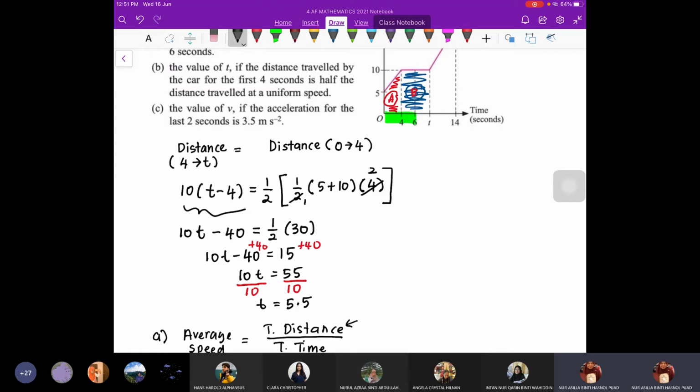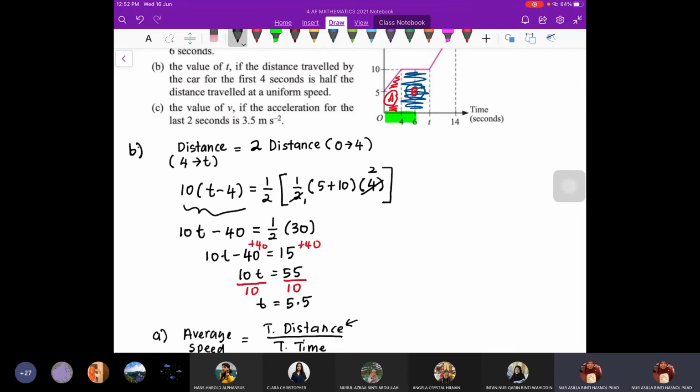Okey, jadi distance 0 hingga 4 adalah separuh daripada distance 4 hingga 3. Jadi dia sebenarnya 1/2 dekat sini. Faham? Dia 1/2 dekat distance yang besar. Ataupun kamu boleh tulis sebagai distance yang besar tu B adalah 2 kali ganda distance yang kecil.